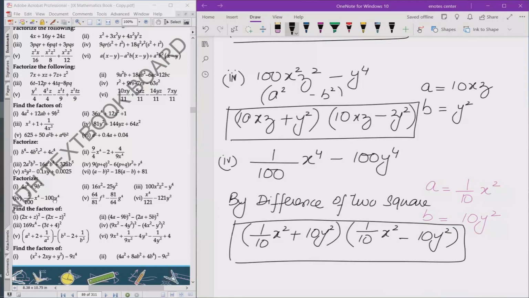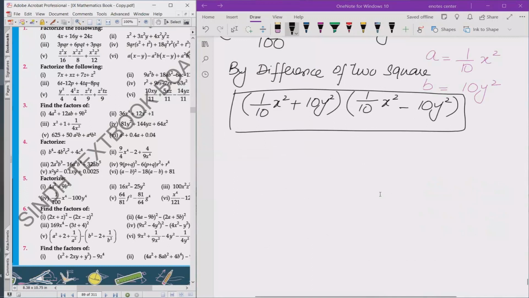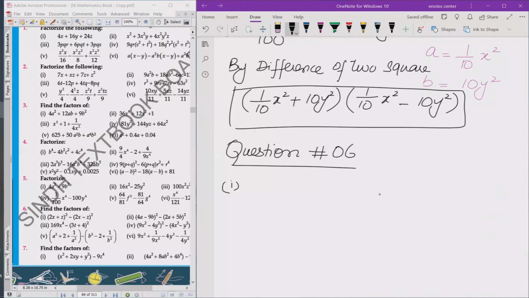Now we have question number 6. These are similar but a little bit more complex. Question number 6, part 1 is 2x plus z whole square minus 2x minus z whole square. So here a is 2x plus z and b is 2x minus z.